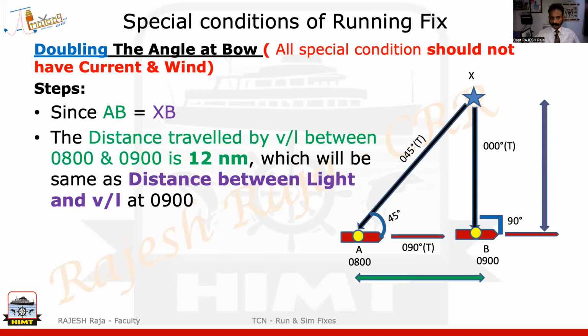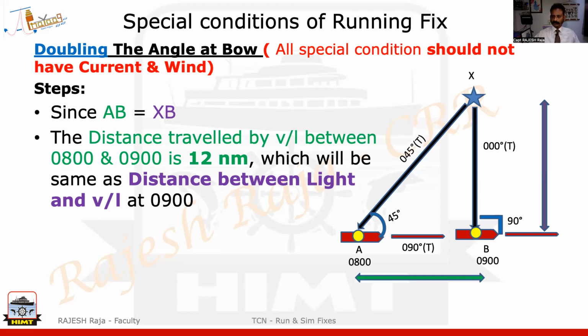Which also means the distance traveled by the vessel by engines from 8 to 9 o'clock, which is AB, is 12 nautical miles. And it's very evident that at 9 o'clock, the distance between the vessel and the lighthouse, which is XB, is also exactly 12 nautical miles.